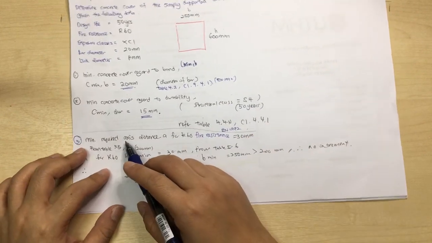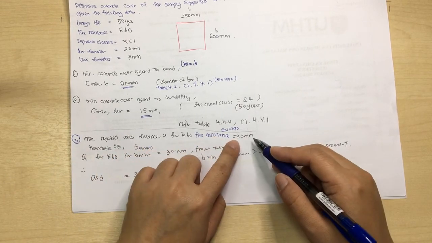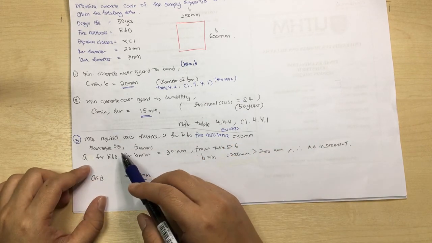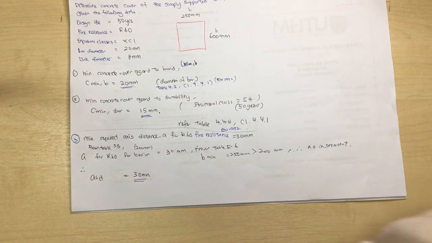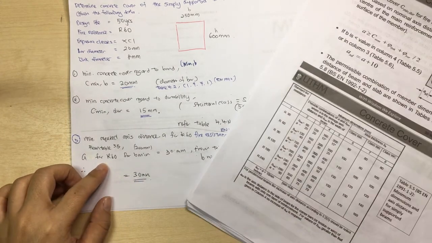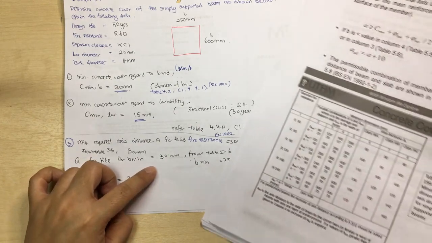So the minimum requirement axis distance A for R60 fire resistance is 30 mm. So from table 5.5, here. Wait a minute. So table 5.5 here. The A for R60 for B min is 30.